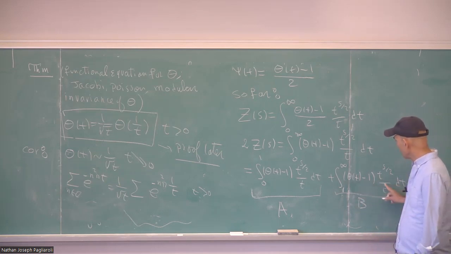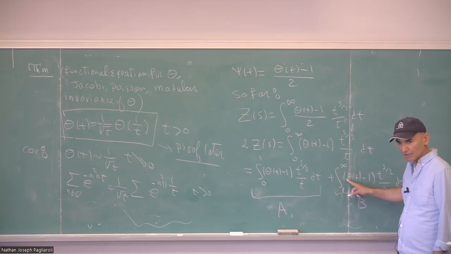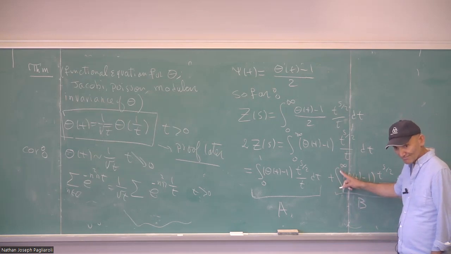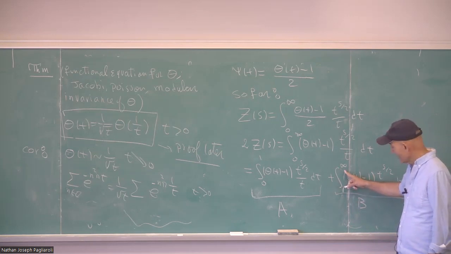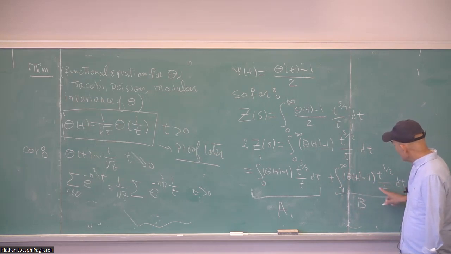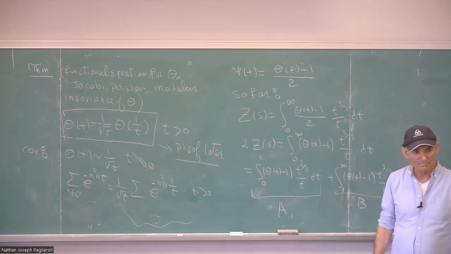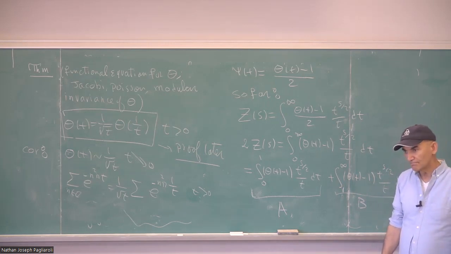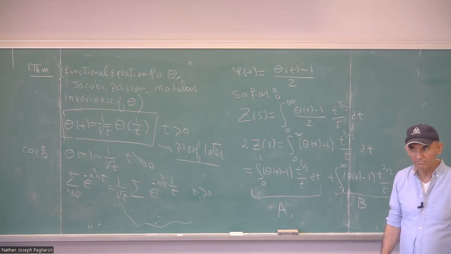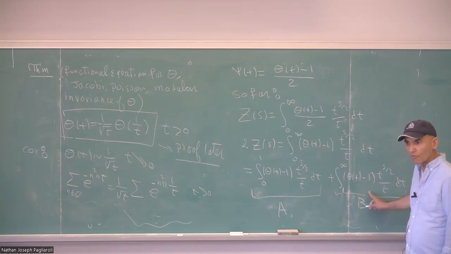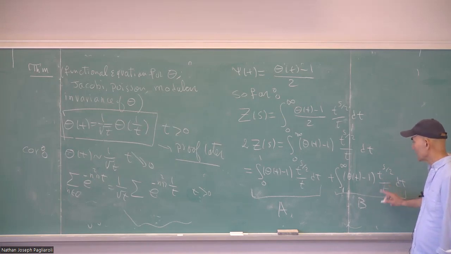The only thing to worry about in this integral is the integration at infinity, the infinite limit. Can you tell me for what values of s this integral B is convergent?